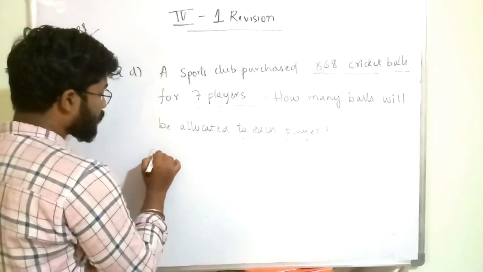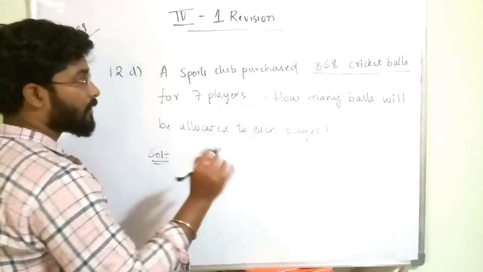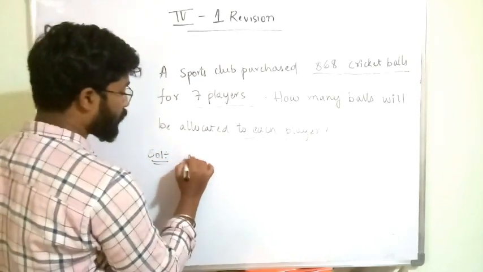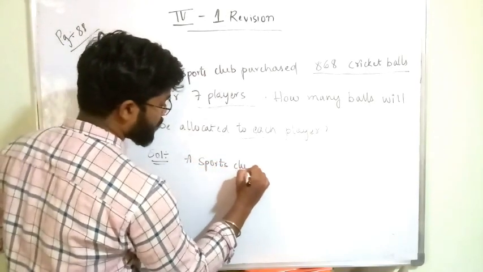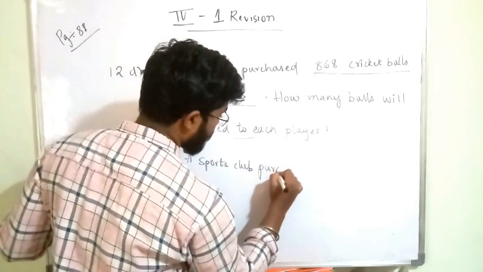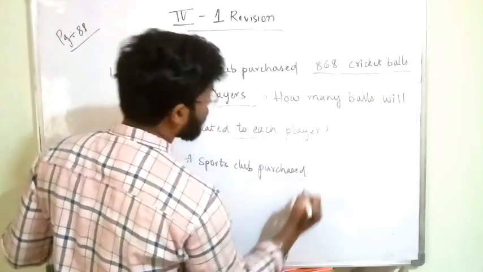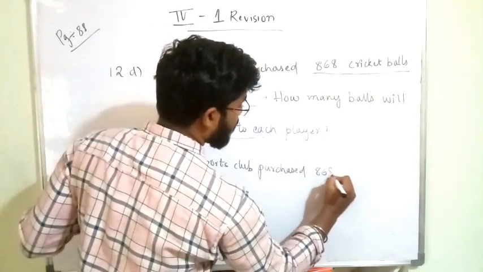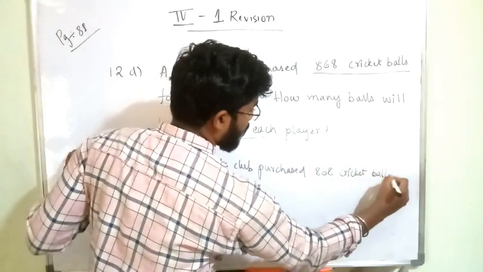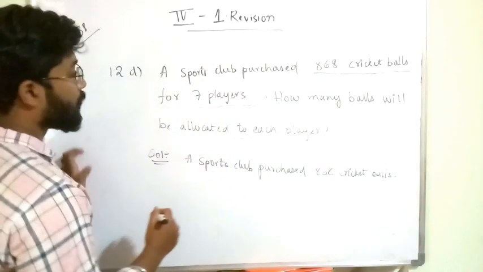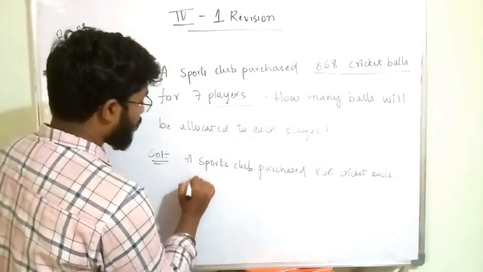So the solution is, we have to write statement-wise: a sports club purchased 868 cricket balls. Number of players, how much?